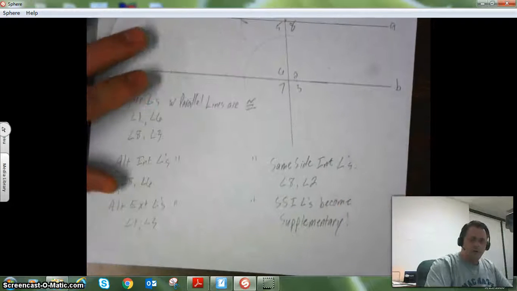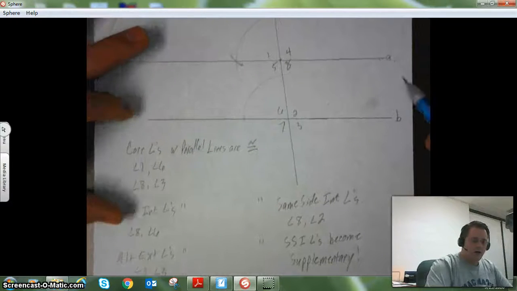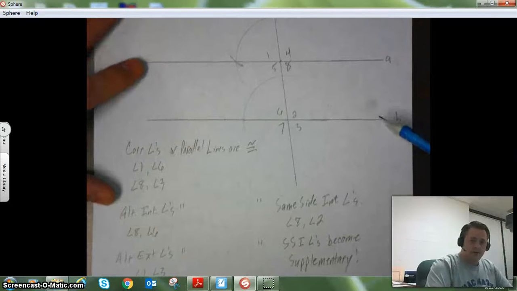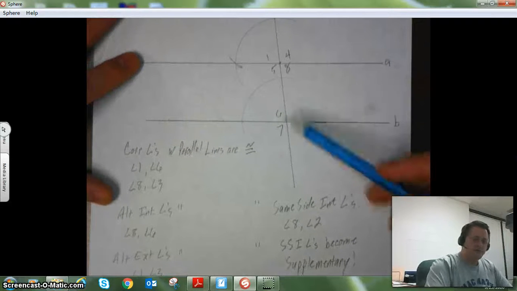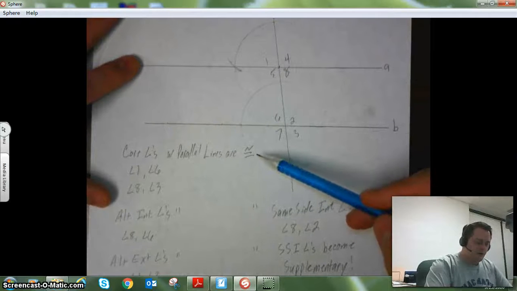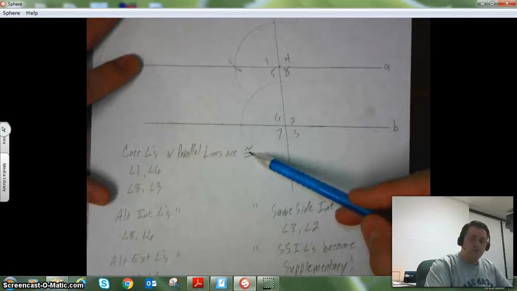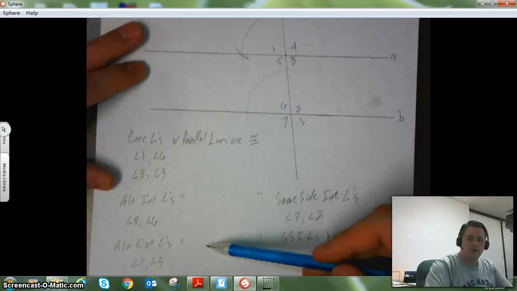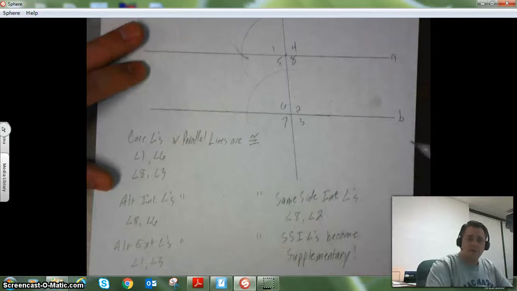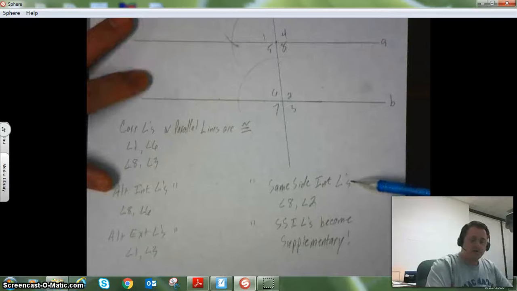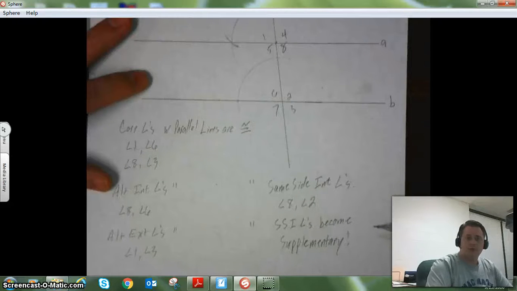So with our lines, if they are parallel to each other, the transversal that creates these angle pairs will cause corresponding angles, alternate interior angles, and alternate exterior angles to become congruent to each other, but it will also cause these same side interior angles to become supplementary to each other.